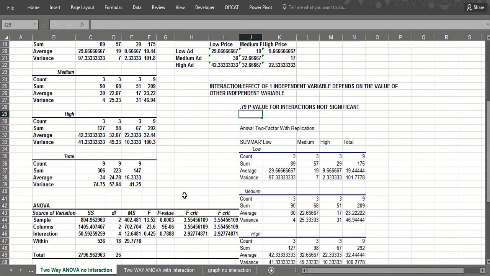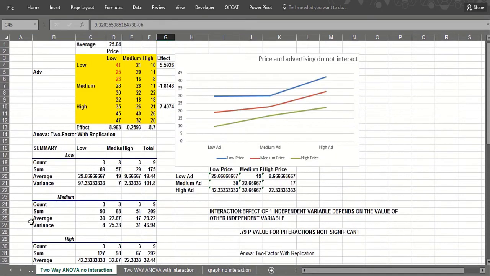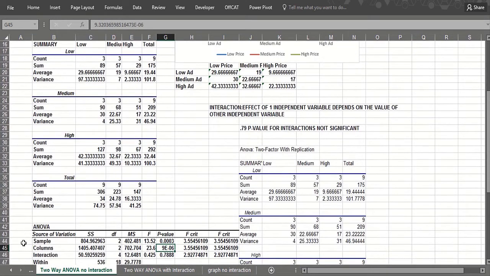Then we can treat this just like our last example with the districts and the salespeople. We see the p-values are very low for row, which would be advertising, and column, which would be price. So we have a significant effect of advertising and price on sales.